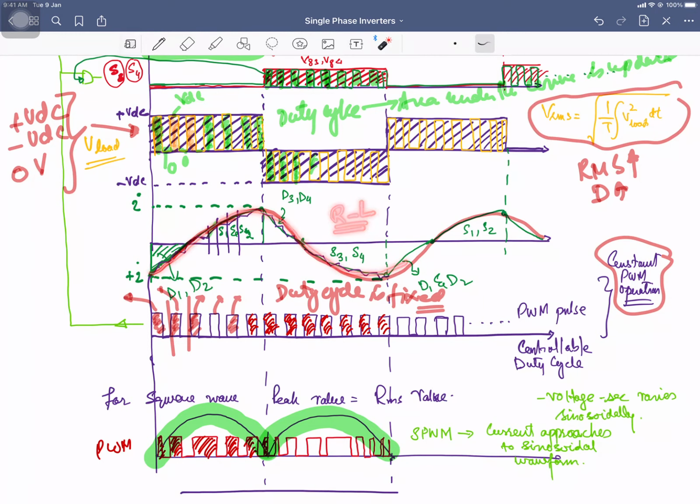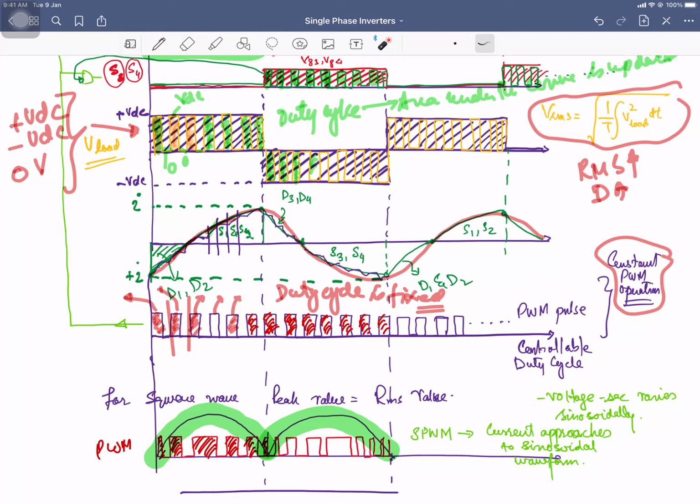So for resistive load, the current waveform will be exactly the same as that of your voltage waveform. Whatever is the shape of the voltage waveform, the same will be the wave shape of your current waveform for the resistive load. But if you have the inductive load, then you can make the current sinusoidal, right?